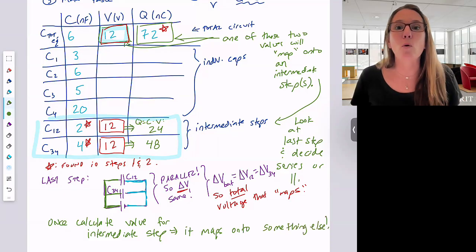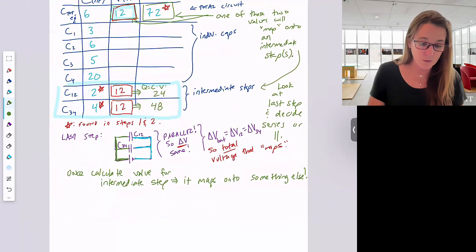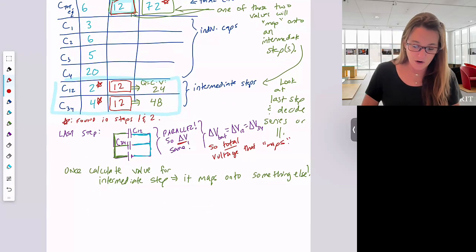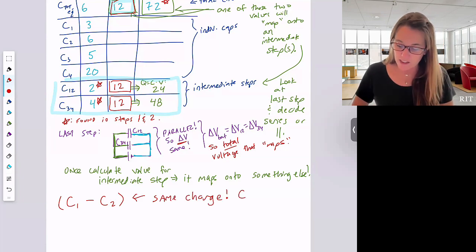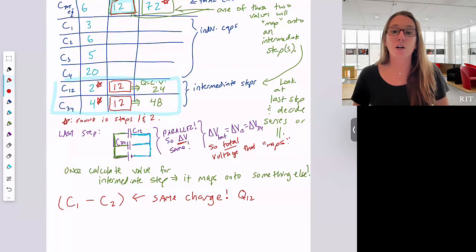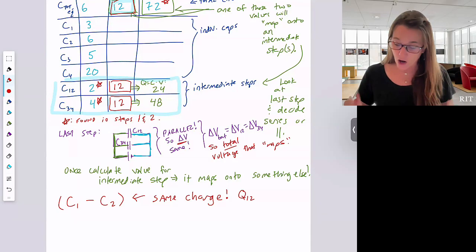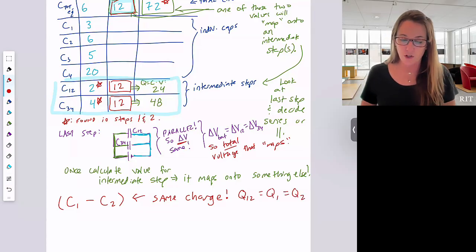So now you think about what created that C12. If we look here, C1 was in series with C2. So that means that they have the same charge, which means that Q12, the charge on 1, 2 as a combo, is equal to the charge on 1, which is equal to the charge on 2.